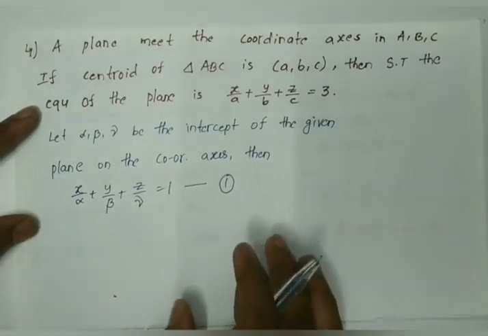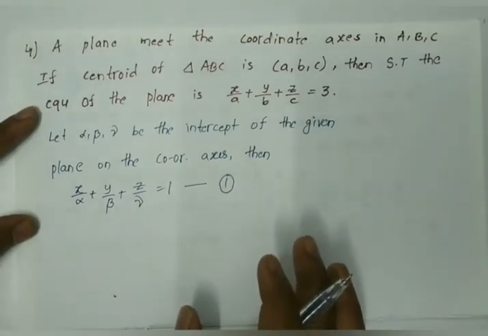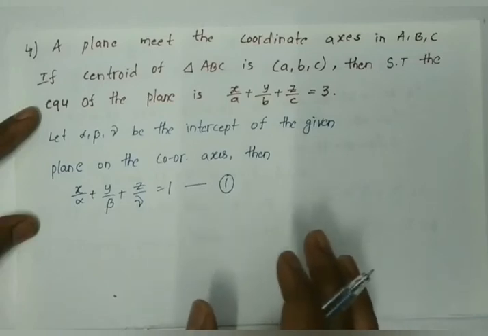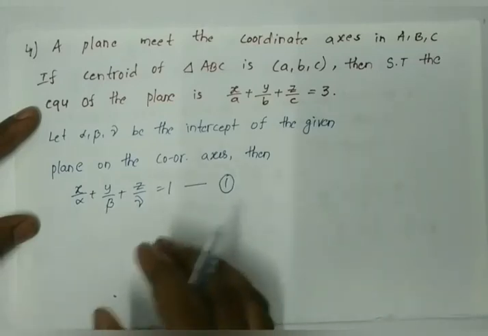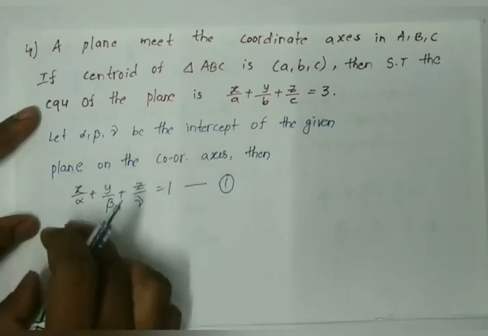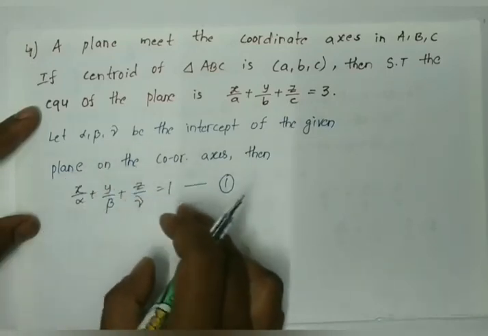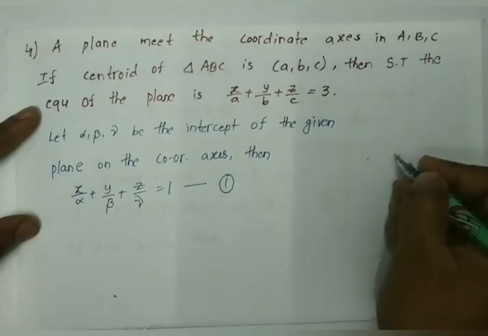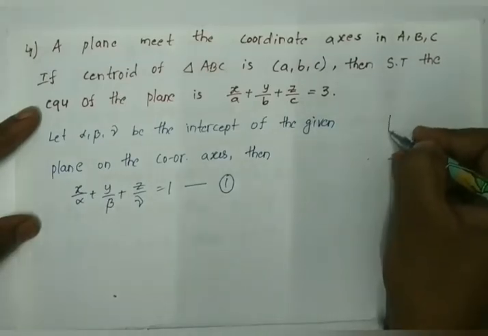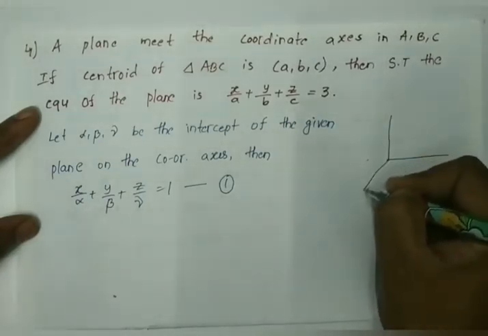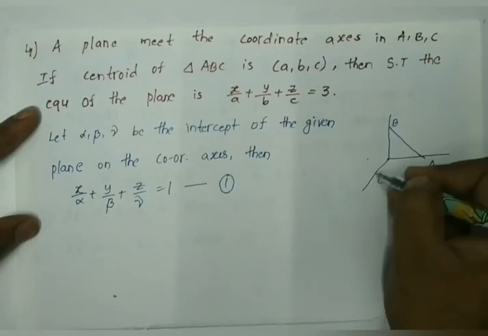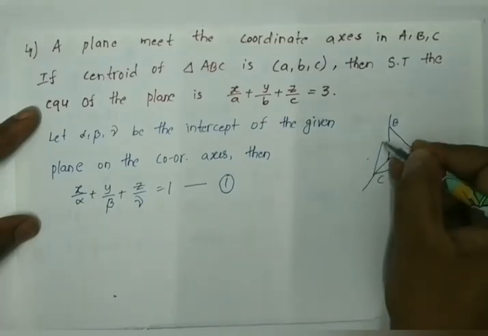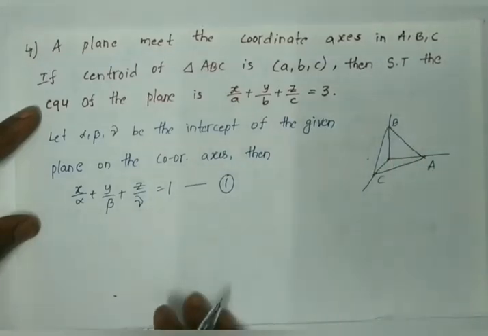So first let us consider alpha, beta, gamma be the intercepts of the given plane on the coordinate axes, then the equation of the plane will be x by alpha plus y by beta plus z by gamma is equal to 1. Suppose this is the x axis, this is the y axis, this is the z axis. This is A, this is B, this is C. This is triangle ABC.